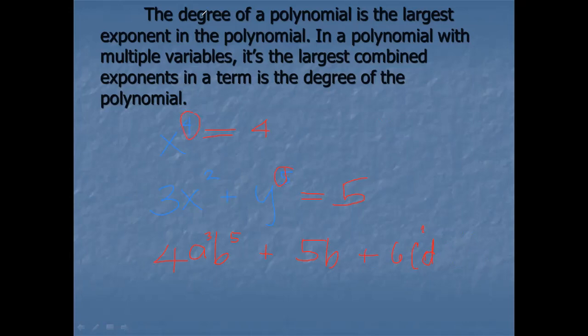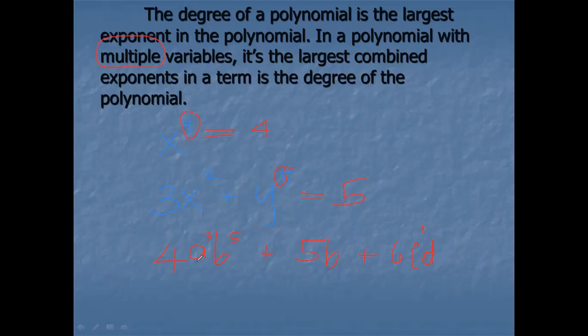Now, in a polynomial with multiple variables, meaning many variables in it, the largest combined exponent in a term is the degree of the polynomial. What does it mean? Take a look.